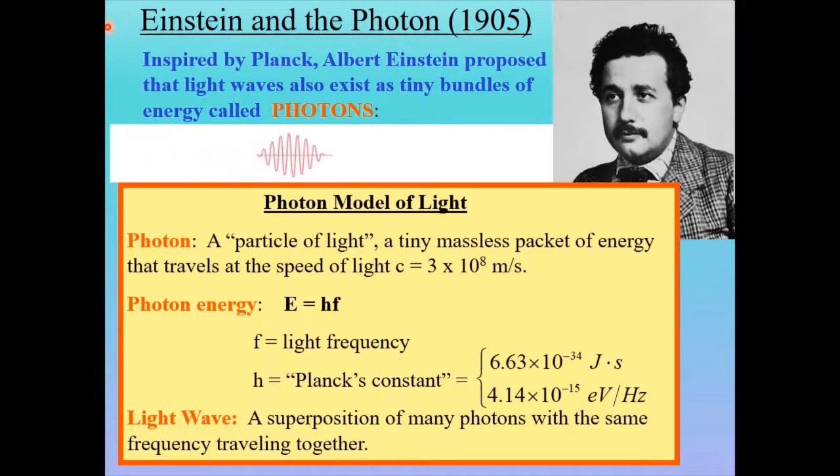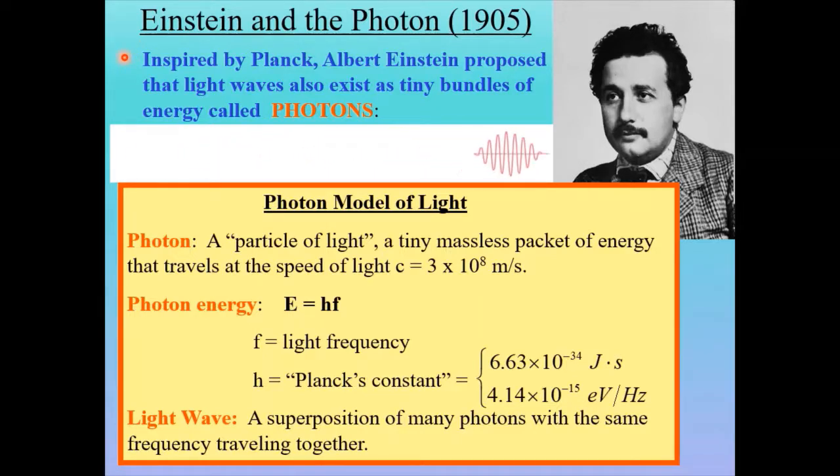We actually learned about Einstein in a previous chapter where we talked about light. And you may recall that Einstein discovered this concept of what we call the photon. This is a few years after Max Planck's hypothesis, so Einstein was inspired by what Planck found.